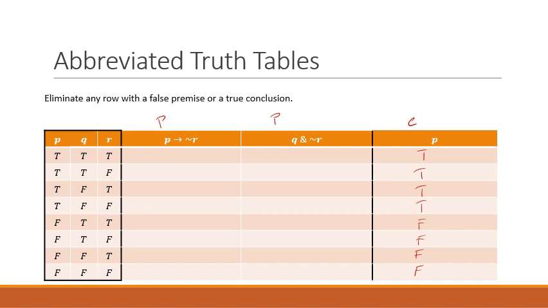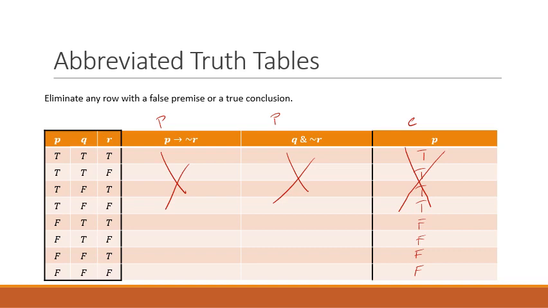And if I can eliminate any row with a true conclusion, that means I can eliminate all 4 of these rows, right? The first 4 rows, I just don't have to deal with anymore.